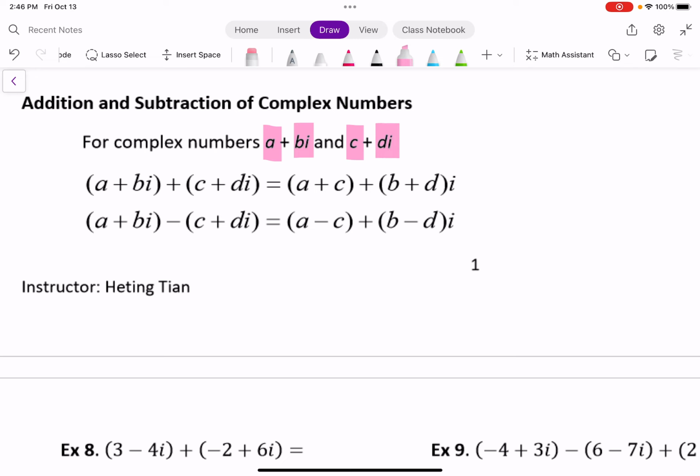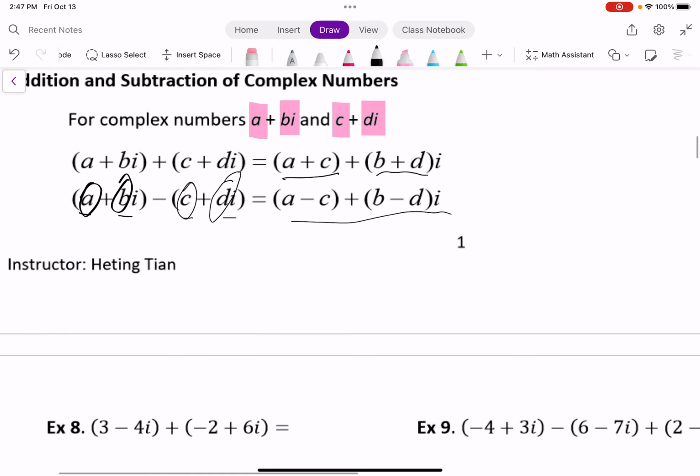For example, if I have a plus bi plus c plus di, use a plus c, and bi plus di. So we have b plus d times i. If I have the subtraction, we have a plus bi minus c plus di. So a minus c, and then use bi minus di.